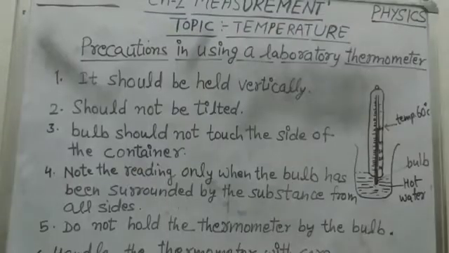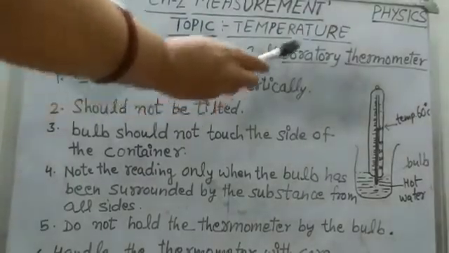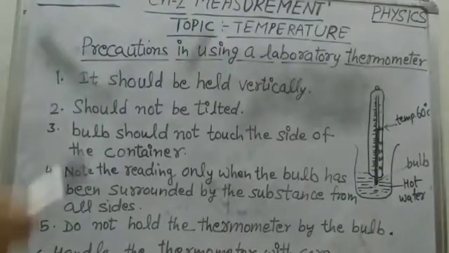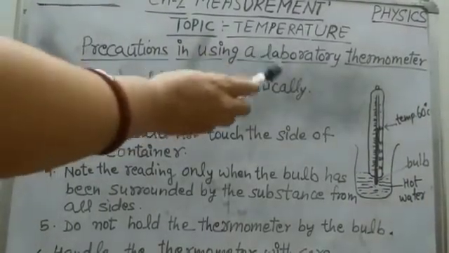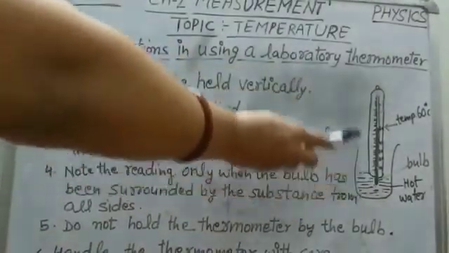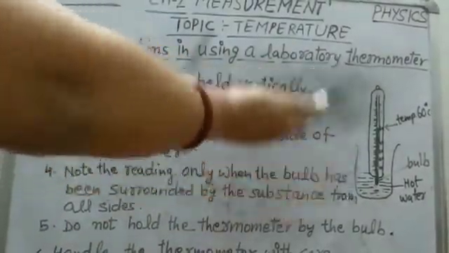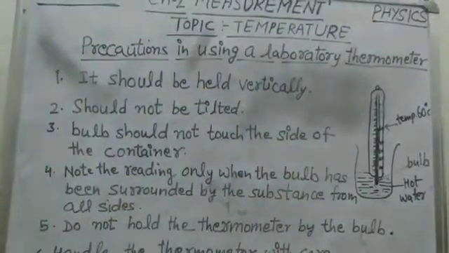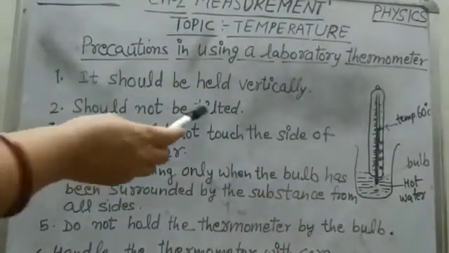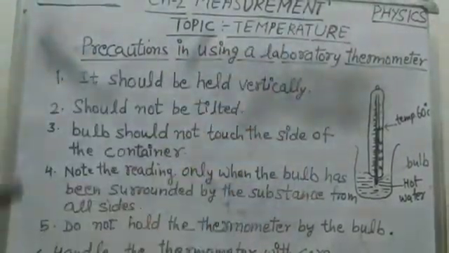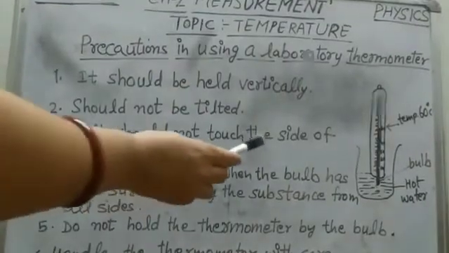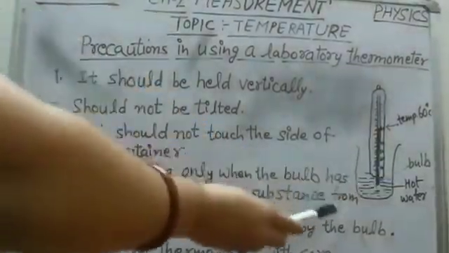Now the precautions in using a laboratory thermometer. Number 1, the laboratory thermometer should be held vertically in this position, upright, while measuring temperature. Number 2, it should not be tilted. Number 3, the bulb should not touch the side of the container.